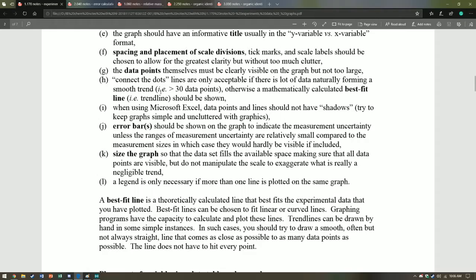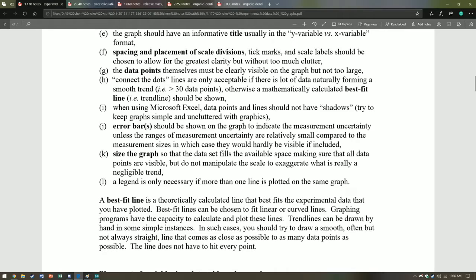What you should do is use a mathematically calculated line of best fit, a trend line, shown. If you need to know how to make a trend line in Excel, I'm sure there are other videos on it. Error bars should also be shown in your graphs.